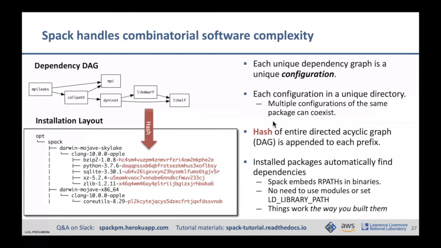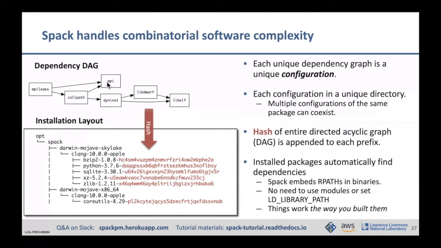To allow all these different things to coexist, we use RPaths in all the binaries. And so if you think about that here, MPI leaks will have RPaths for all the libraries in call path and all the things in MPI. And what that means is, if you understand what LD_LIBRARY_PATH is, it's an environment variable that you set that says, here are the directories you should search for libraries that you depend on.